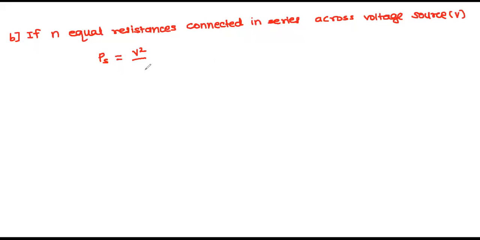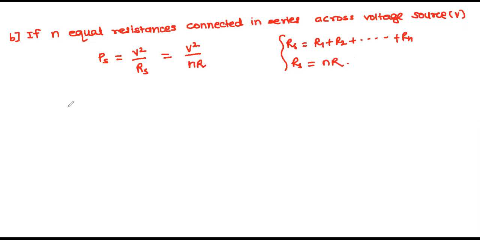Because how many resistors are we having? N resistors. So here RS is N into R. If you want one more step, you do like this: PS is equal to V square by RS, and that is equal to V square by N into R. You know RS is equal to R1 plus R2 plus so on up to Rn, and all are equal. Therefore, RS is equal to N times R. Got it?